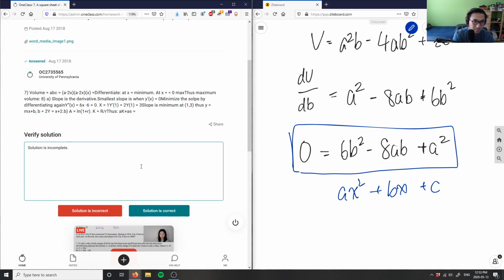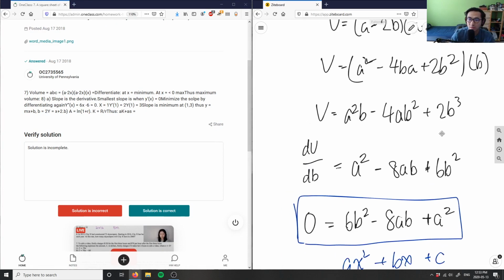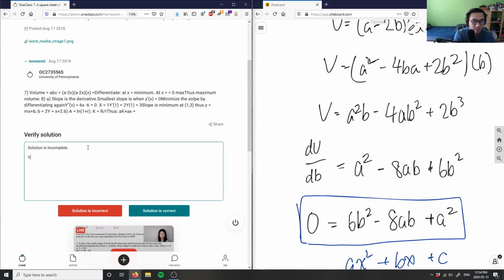And then I'm going to say here what I got was V equals A squared times B minus 4AB squared plus 2B cubed. And then dV over dB would equal A squared minus 8AB plus 6B squared.